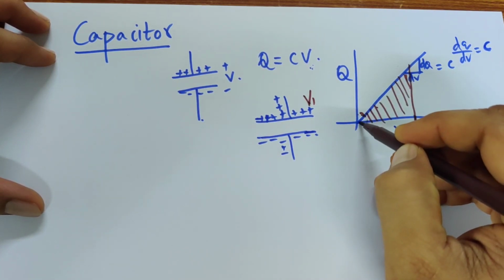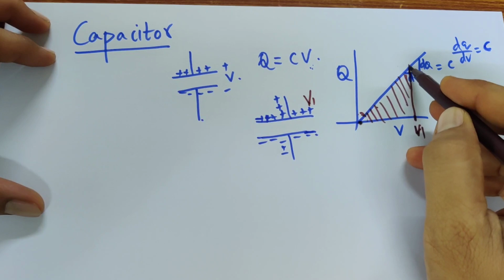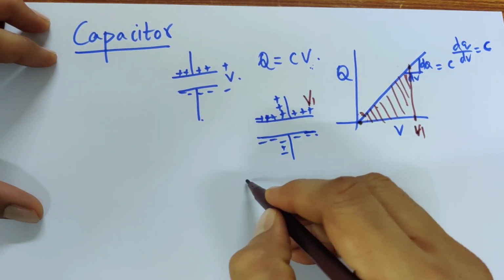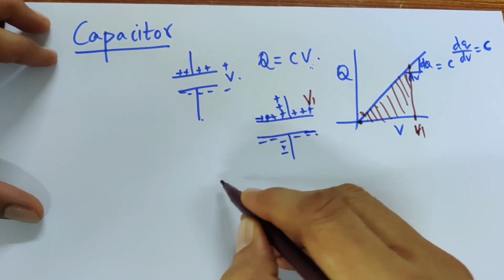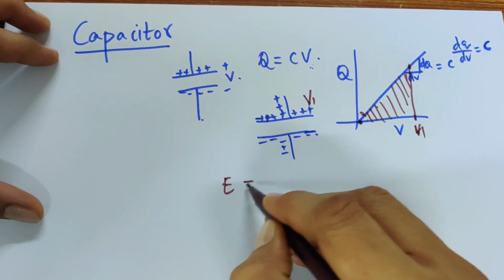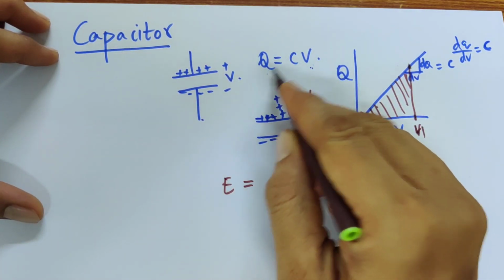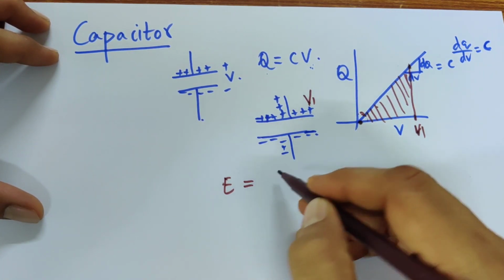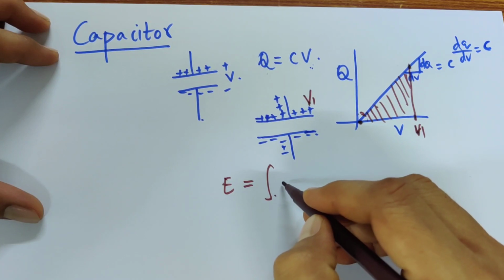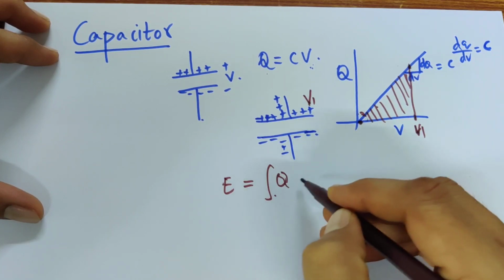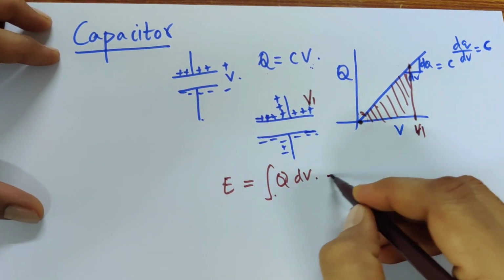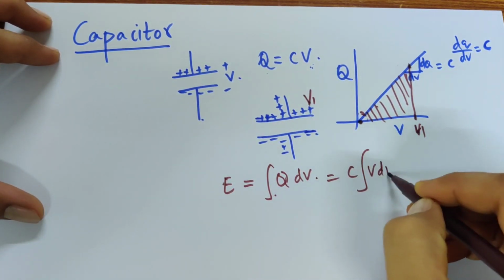Initially, no work is done to add the first charge, but eventually a lot of work is done to add that charge. So the energy, because Q is not independent of V, is basically the integral of Q with respect to V. In this case, Q is a linear relationship, CV.